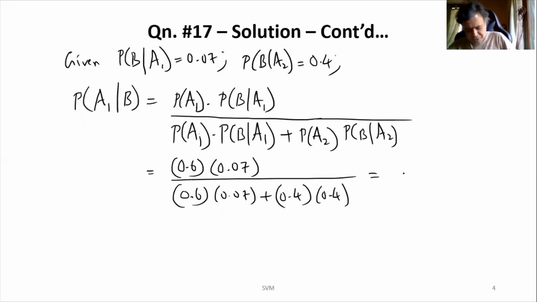If I substitute all these values, the probability will work out to 21 divided by 101, or if I do that further, it is 0.2079, or I will round it off to 0.21. That is the required probability, right?